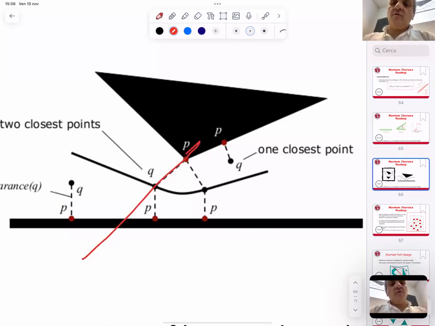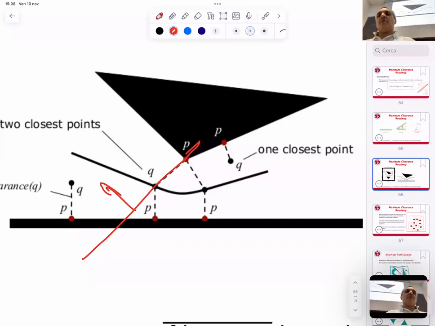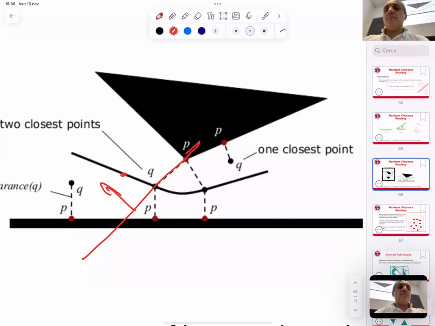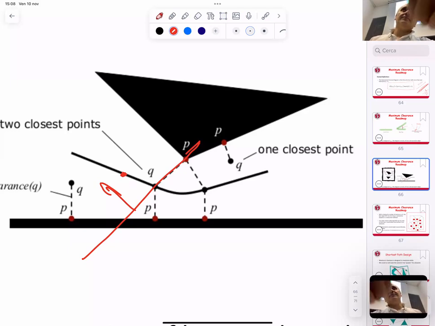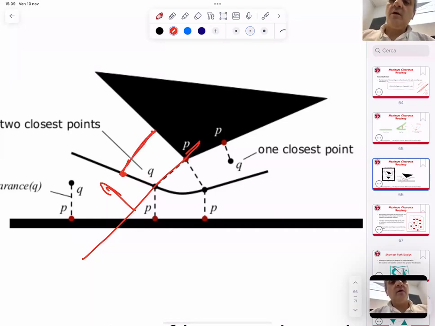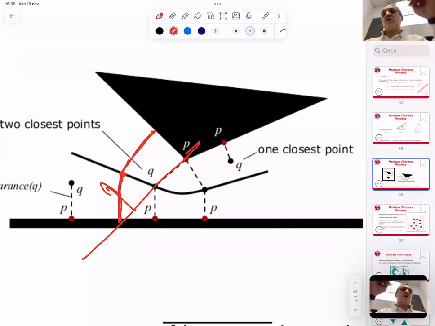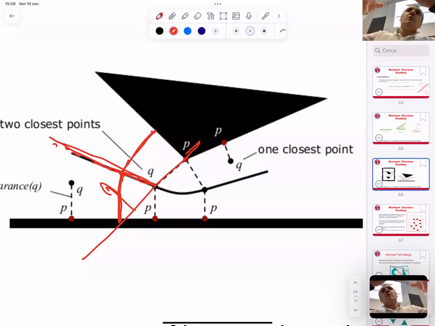Now, if you consider the situation which is above this point, the closest points of the frontier of the obstacles are, on the one hand, the edge of this guy, and on the other hand, the edge of this guy. So in this area that I sketched here, the piece of the Voronoi diagram is a line like this, the bisector of this angle.